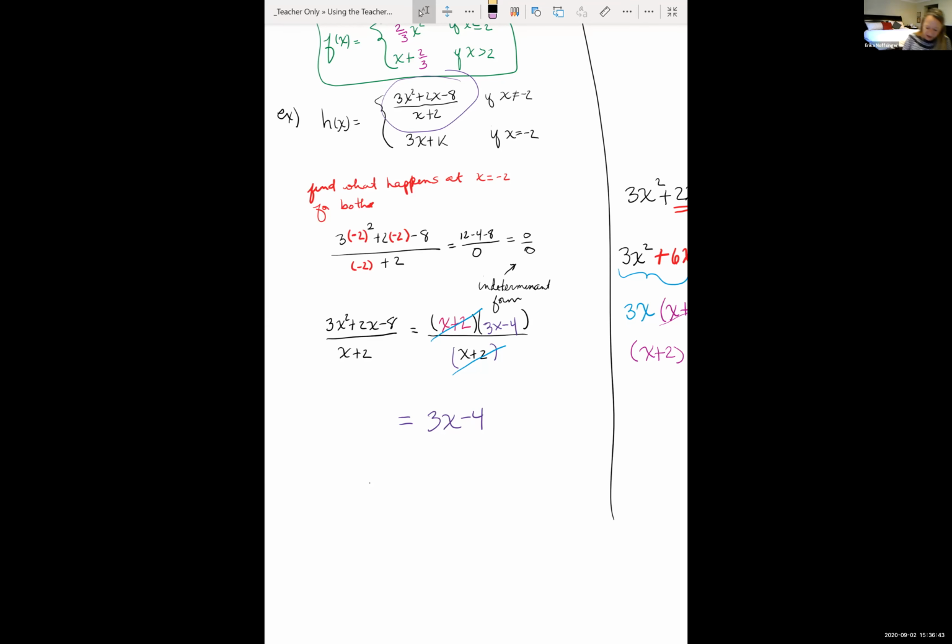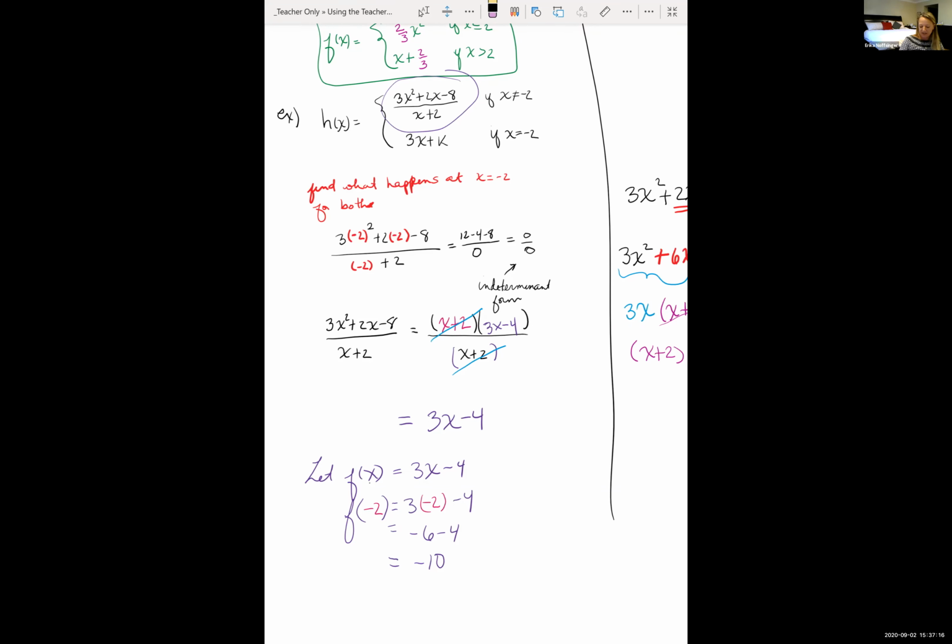So maybe if we let f of x equal 3x minus 4, and we plug in a -2 wherever we see an x, we have f of -2 is equal to 3 times -2 minus 4. So -6 minus 4 is -10.